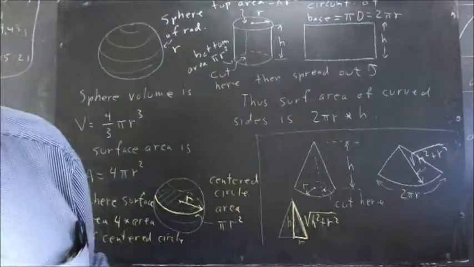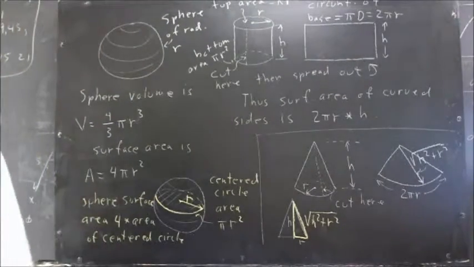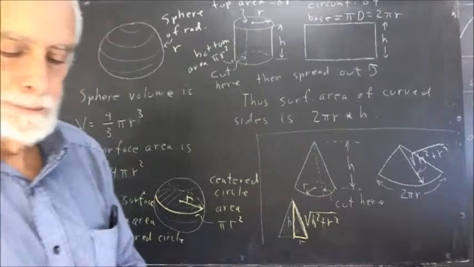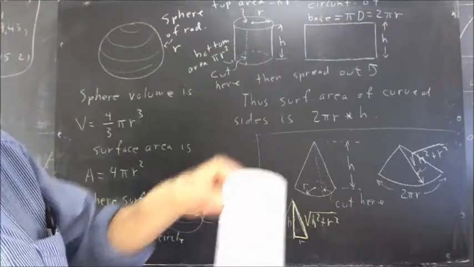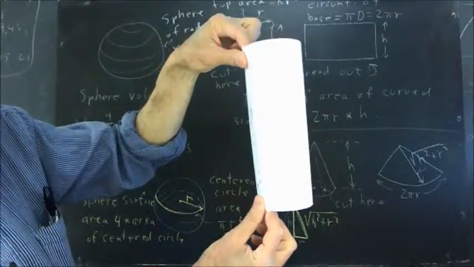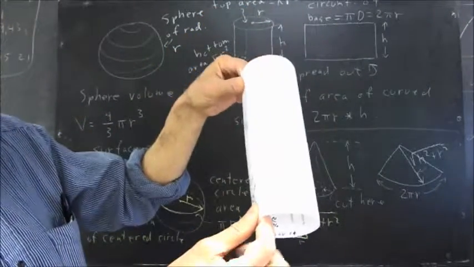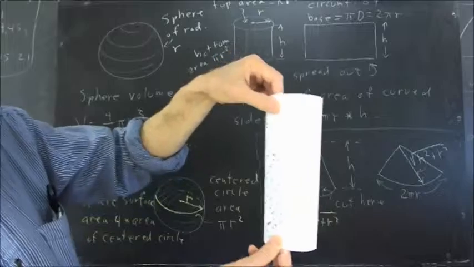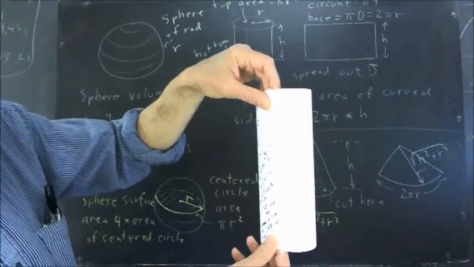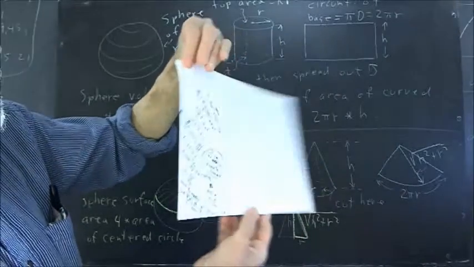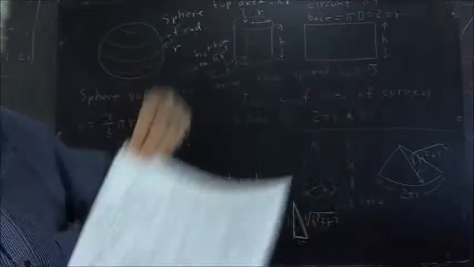Well, as we've seen and as I can demonstrate again, here's a cylinder. Nice cylinder. If I cut the cylinder along the side, let's say along this line here, and unravel it, I get a rectangle.